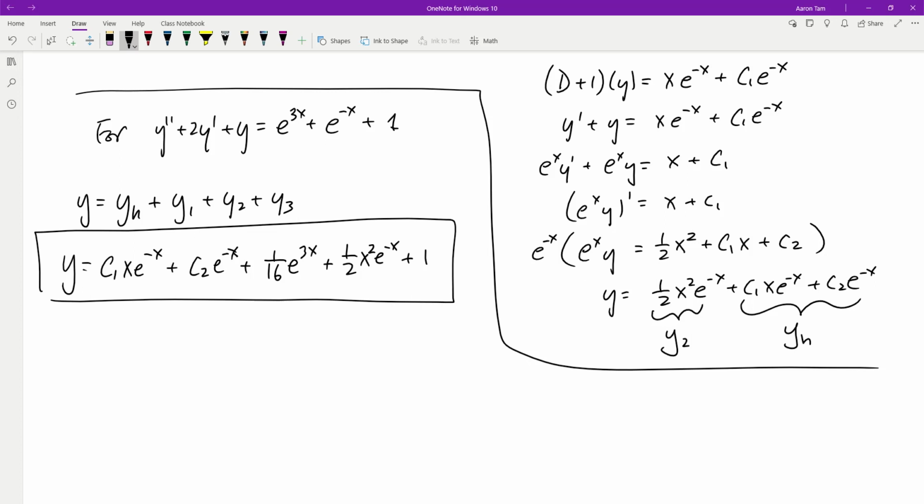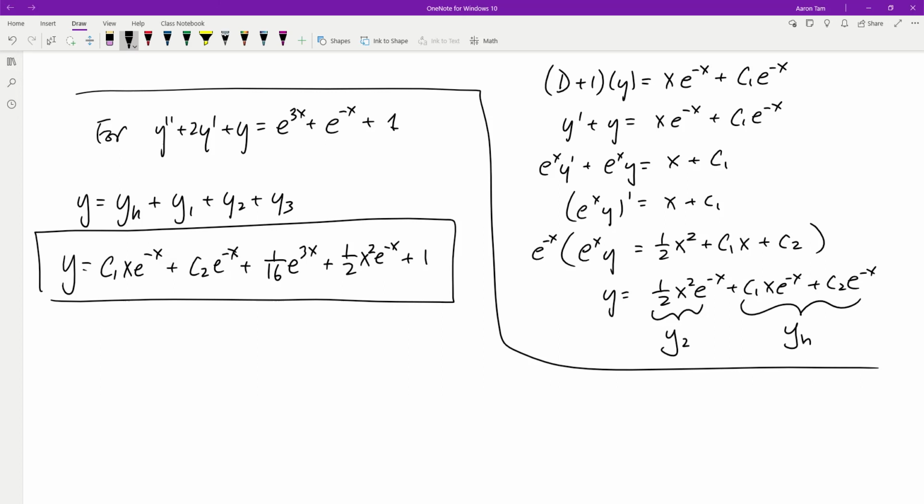Notice that the important idea here is how to count how many terms you should have in your general solution to a non-homogeneous differential equation. Remember, that's based on how many terms you have in your homogeneous solution and how many terms you have in your particular solution. And it's very easy to identify them. The homogeneous solution has the same number of terms as the order of your differential equation.